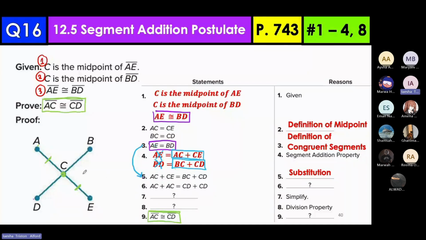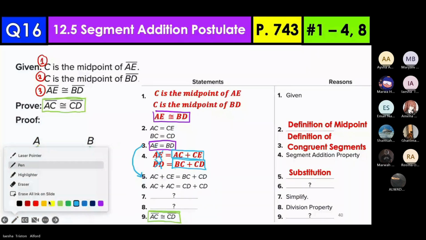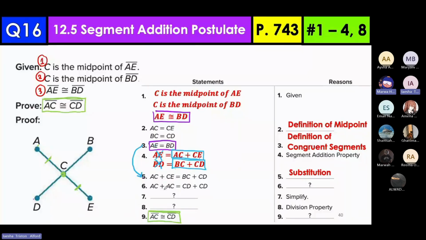What can you see about line number 6? They deleted the CE and the BC and replaced it with the same one. So this one here got deleted, right? We changed this, and we changed this one. Why can we make that change? AC is equal to CE. We delete CE and write AC.